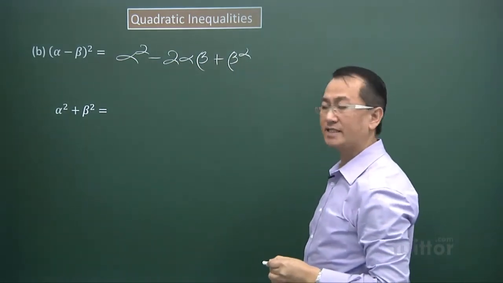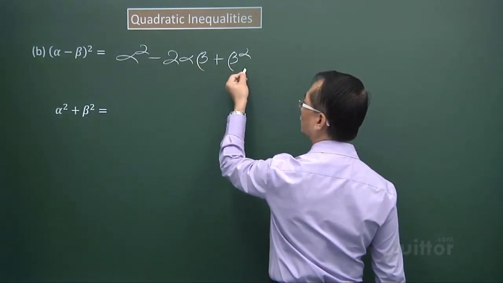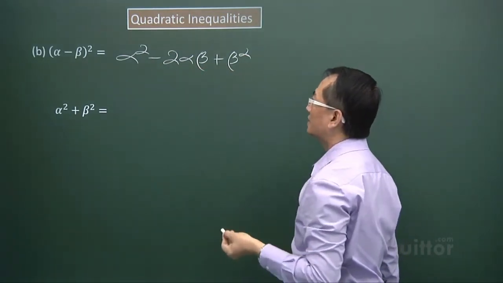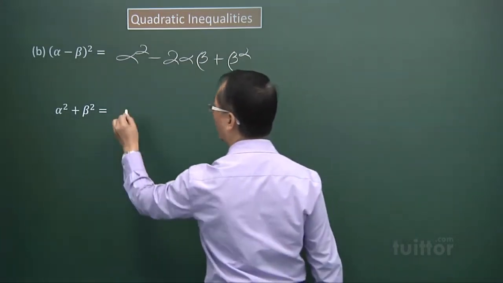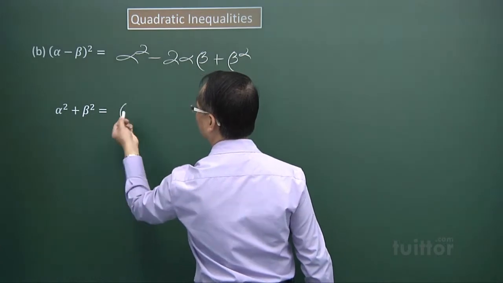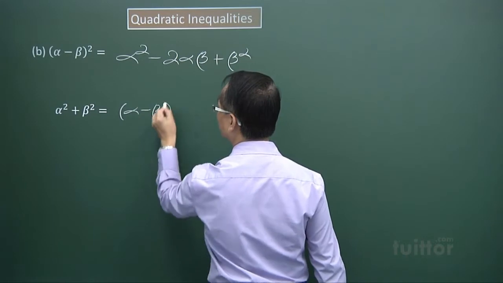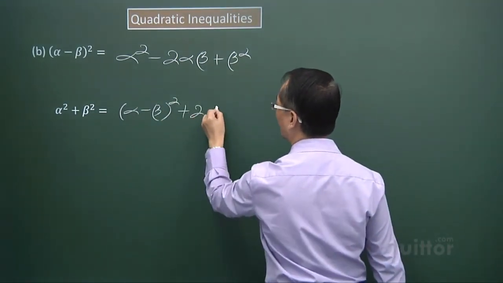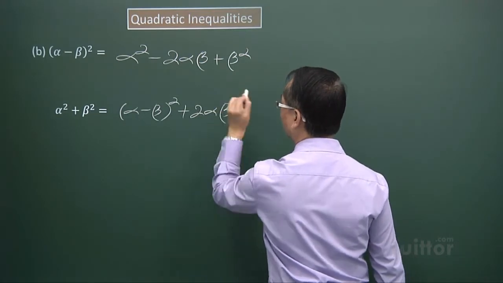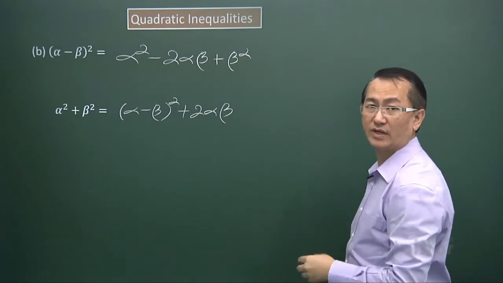So if I take alpha squared plus beta squared to be the subject of the equation, then I will have the square of the difference of the two roots plus 2 times the product of the two roots. This is another result that we have to bear in mind.